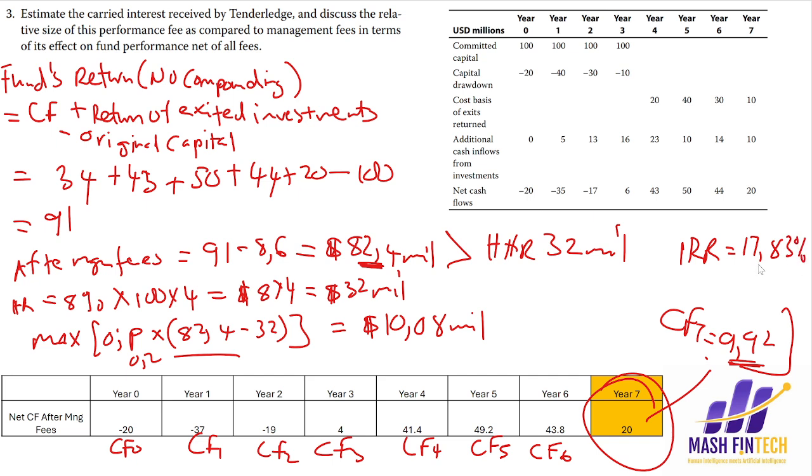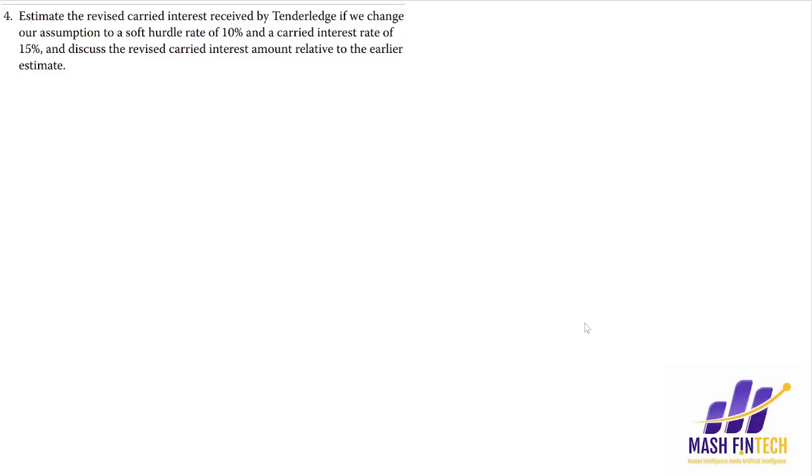Okay, so which means the return to the LP, again, because of the payment of this at the end of this period, is going to reduce the return to the limited partners by 140 basis points. Check this for yourself, but you will see this reduction of 140 basis points.